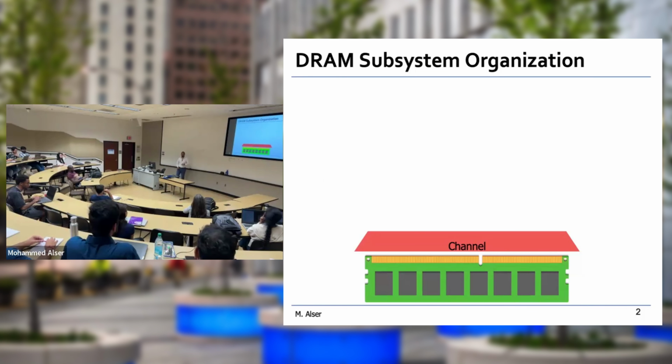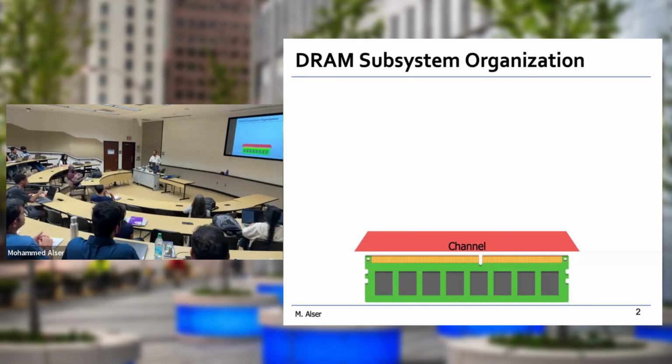So we discussed last time a lot of things about the fundamentals of the DRAM device. If we look at the top-down approach for the memory device, we always start with a channel. The channel is the communication between the memory controller and the DRAM device, okay?